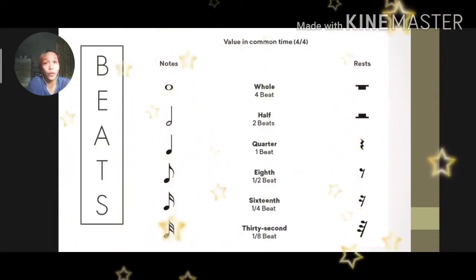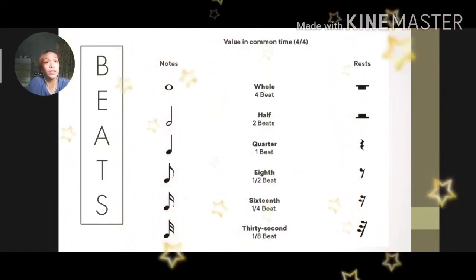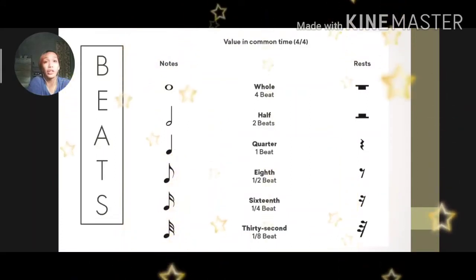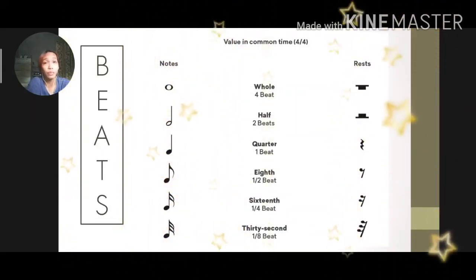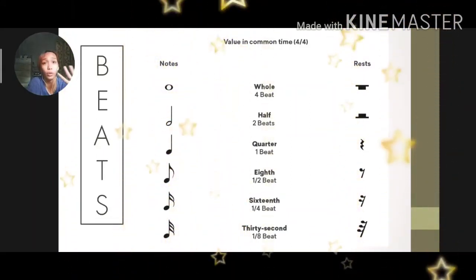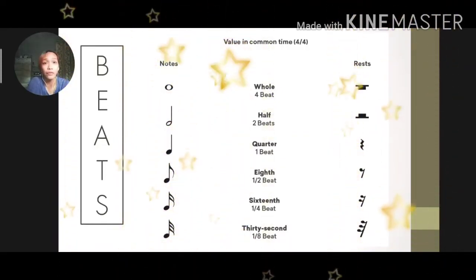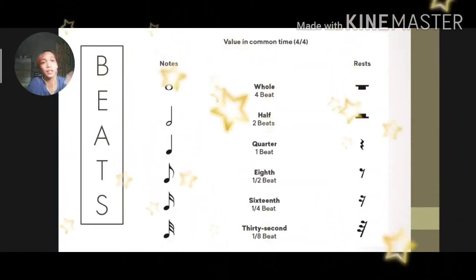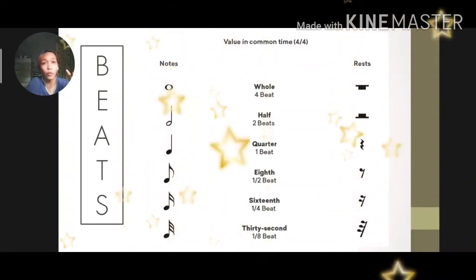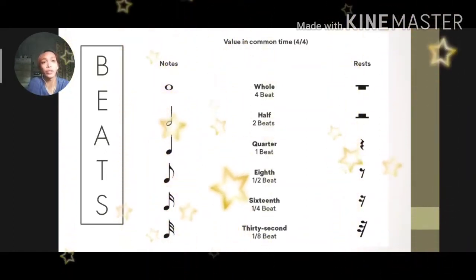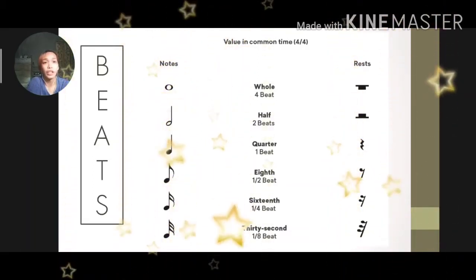If we are going to count the beats of the whole note, it consists of 4 beats. So, there are 4 beats in the whole note. There are also 2 beats in a half note or a rest. There is a single beat in a quarter note or a quarter rest.